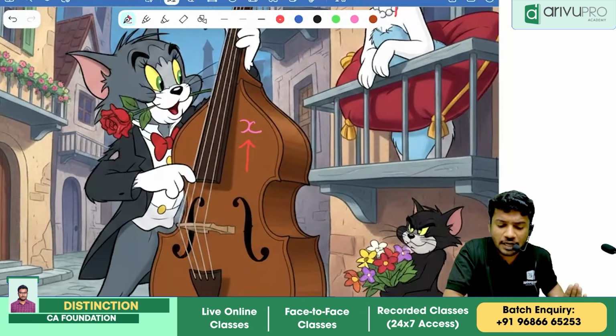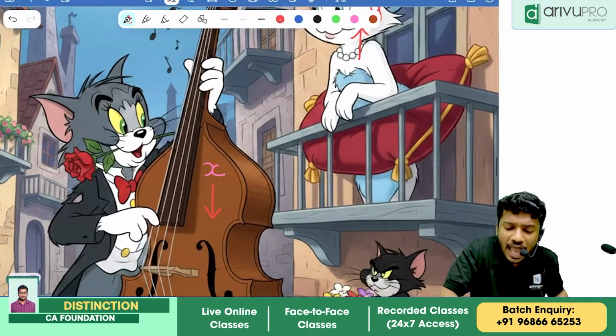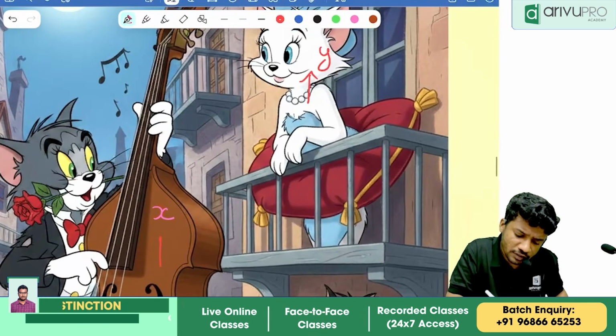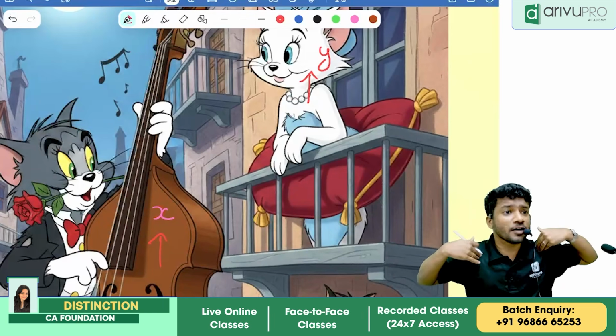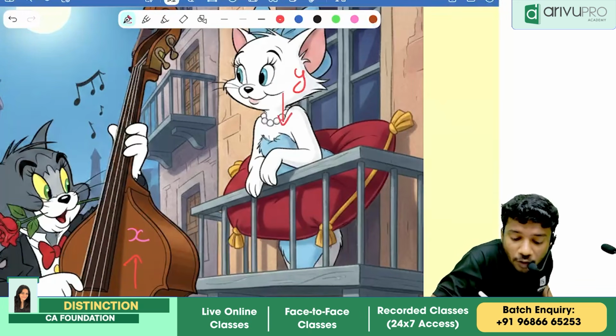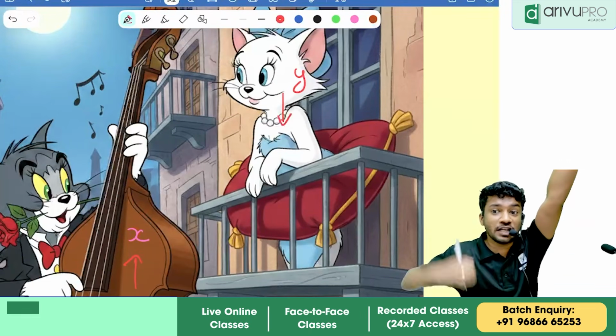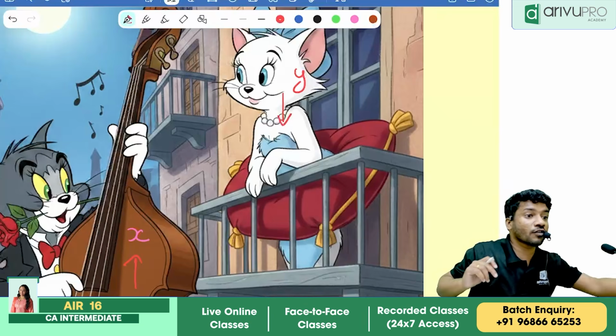Positive correlation. People, if one variable decreases and, or I will do this thing itself. Tom started singing a lot, then her interest goes down. One variable increases, the other variable decreases. What type of correlation? Negative correlation.